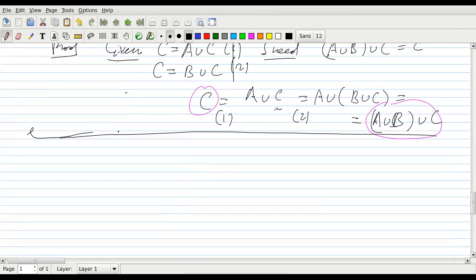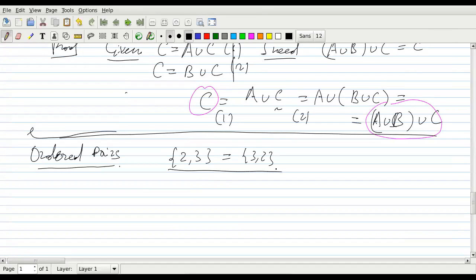So far, we have seen that the concept of ordering of elements is not reflected by our concept of set. So there is no order of the elements of a set. These two sets are the same. But anyway, ordered pairs or triplets and so on are very important in mathematics.